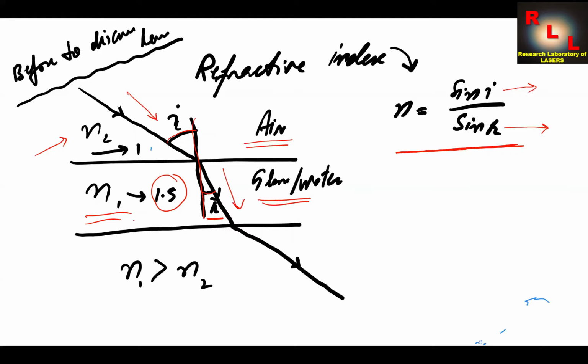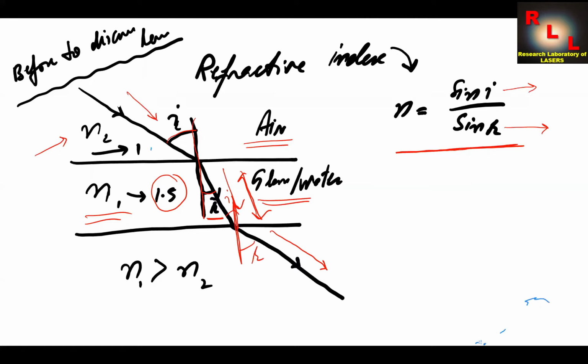The case will be opposite if the light is coming from glass and entering the air. In this case, if we draw the normal like this, this is I and this is R. What is happening?